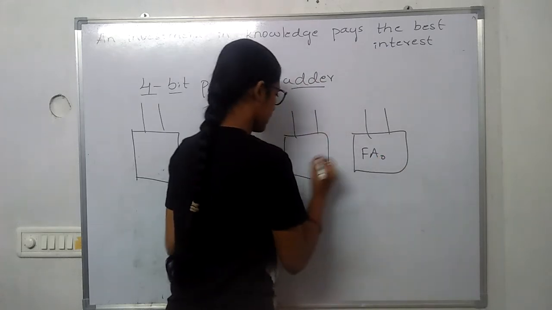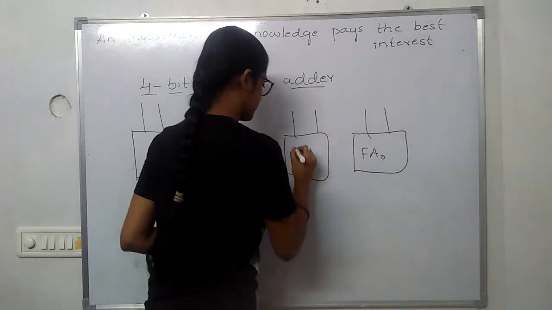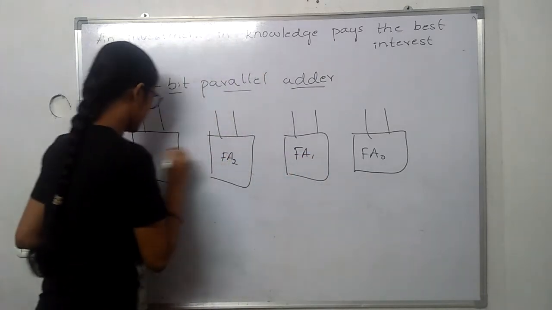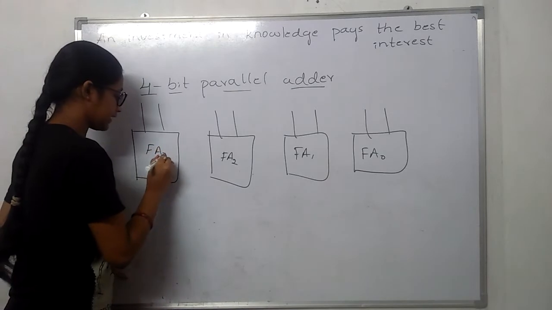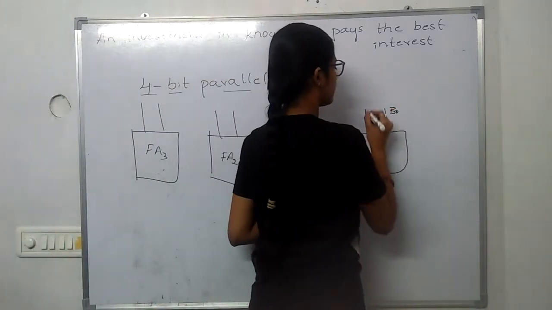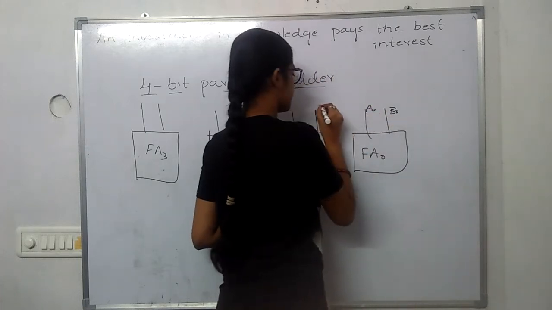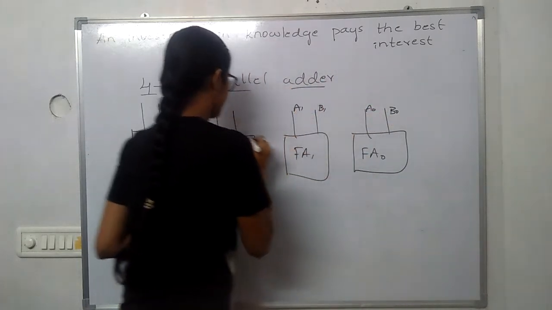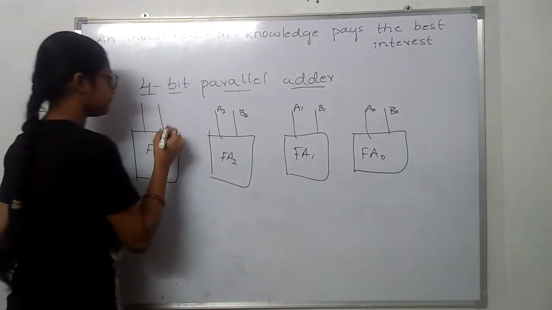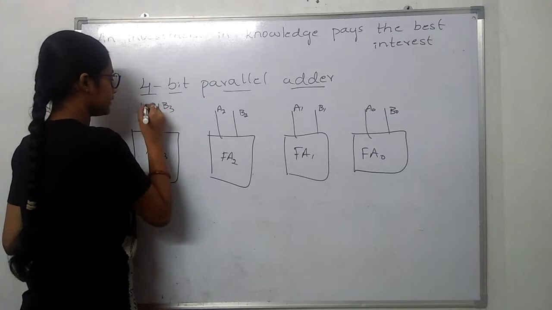I am naming them full adder 0, full adder 1, full adder 2 and full adder 3. Accordingly, B0, A0, B1, A1, B2, A2 and then B3, A3.